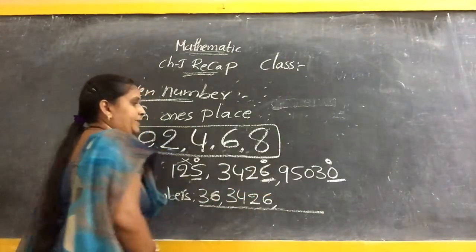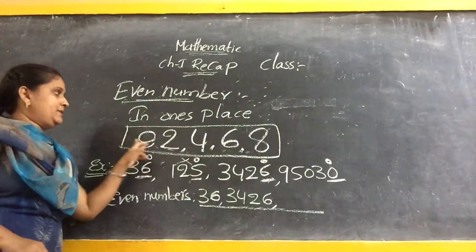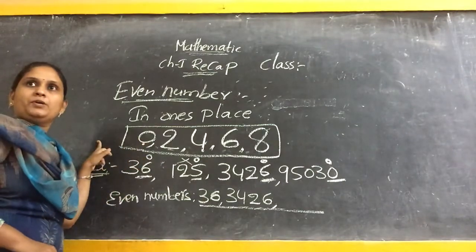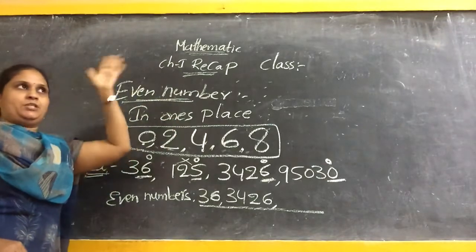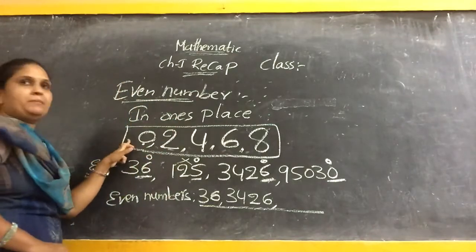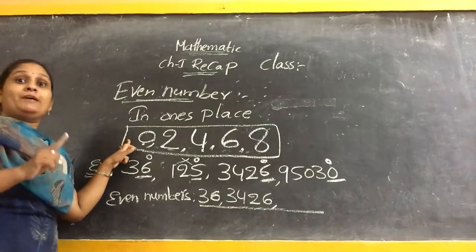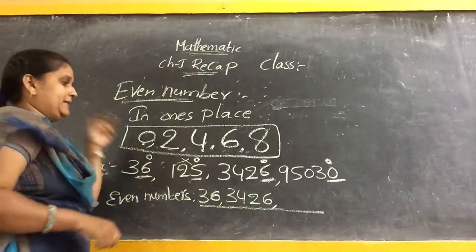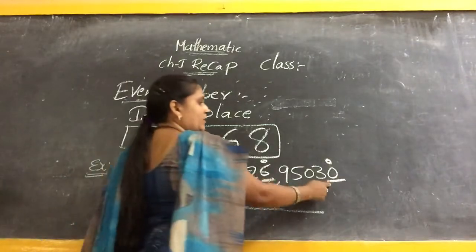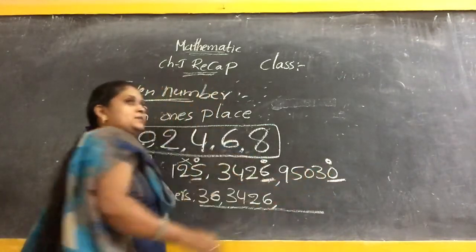So write down that number, 3426. From this list, not only in your book, in your brain also you have to feed it: 0, 2, 4, 6, 8. If these numbers are there in ones place, then those numbers are all called even numbers. Now check in ones place what is the last number of the next one. 0.